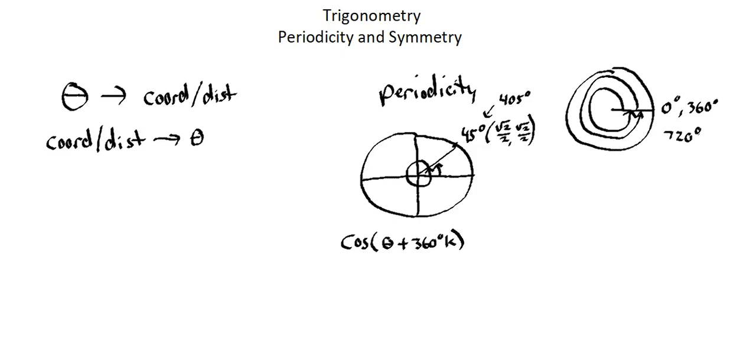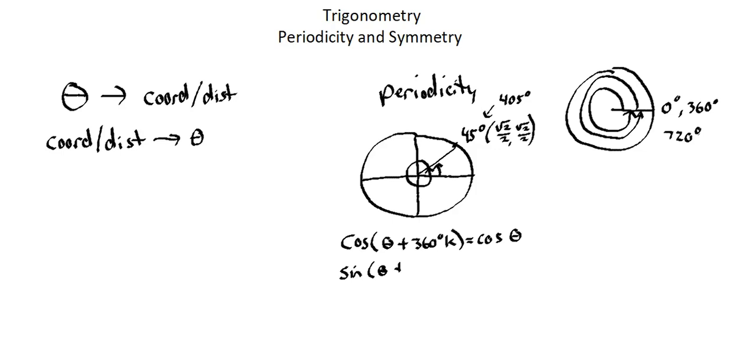One full rotation equals cosine of the angle. So as we see in our diagram, the cosine of 405 degrees, which is our original angle plus 360, is the same as the cosine of 45 degrees.